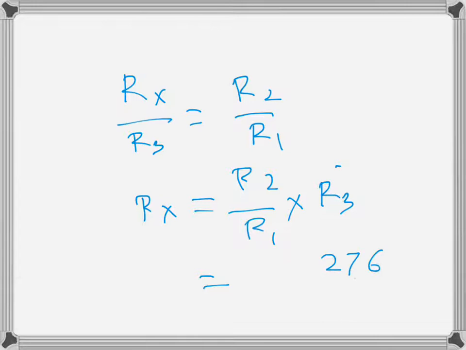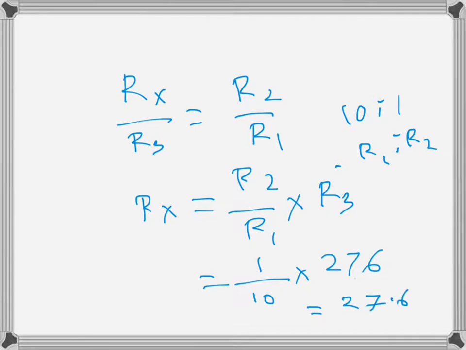So that's 276, and if we say 10 to 1 means R1 to R2, then this will be 1 over 10. So the unknown resistance will be 276 over 10, which is 27.6 ohms. But it depends how it is defined, so you have to take care of that. What is R2 and what is R1?